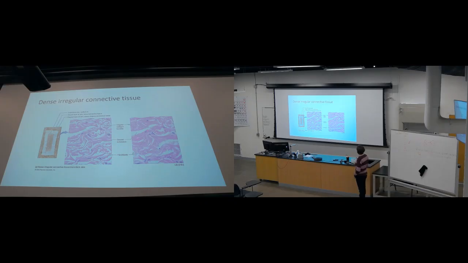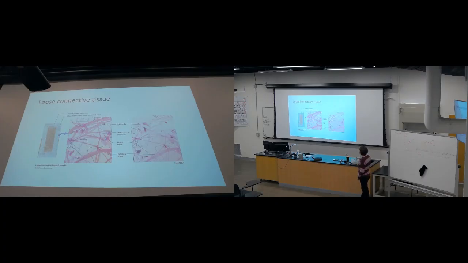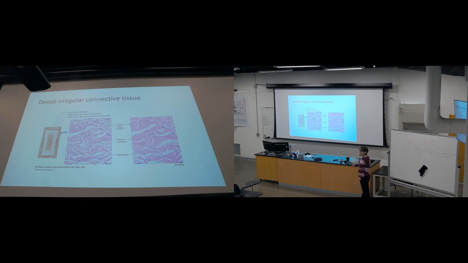We have collagen fibers and fibroblasts. But look at the orientation of these collagen fibers. It's so irregular. That's why it's irregular. And why do we call it dense? Because the collagen fibers are thicker than here, where they are very thin in comparison. So it's dense irregular connective tissue in the deepest layer of our skin, and it would be thick skin in this sample.